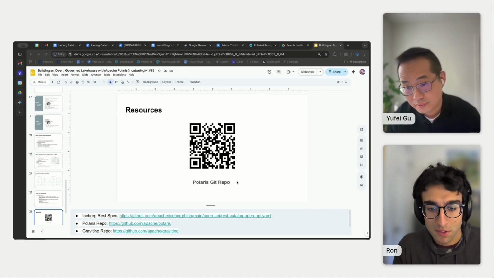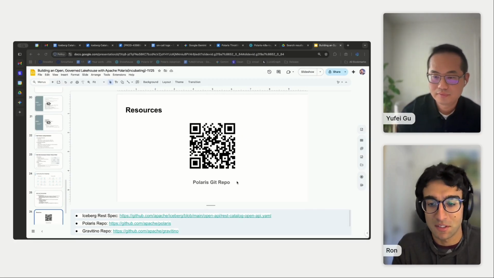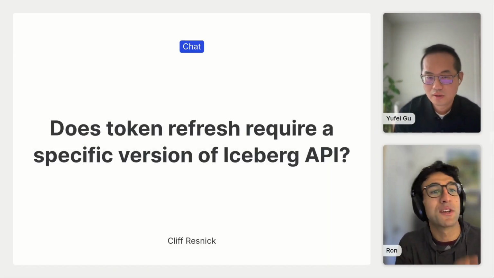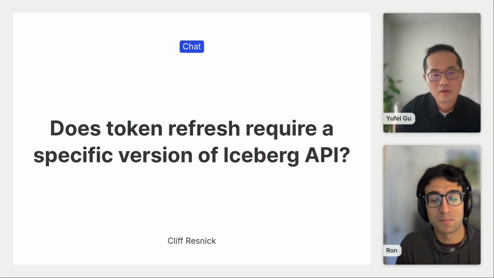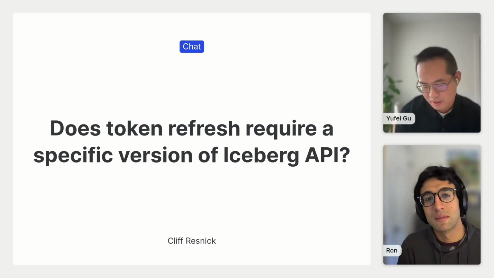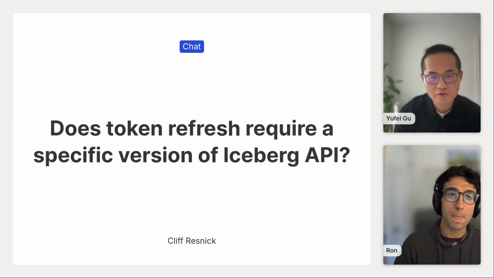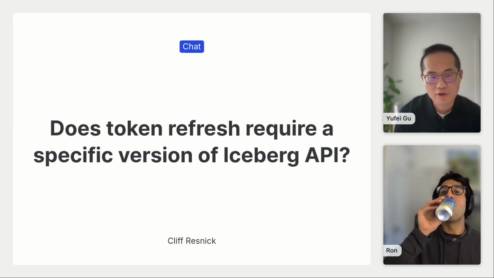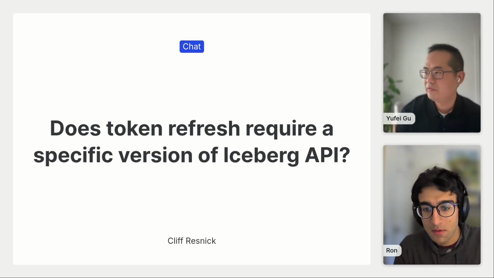And one more question here from Cliff. Does token refresh require a specific version of the Iceberg API? Yes, because those are new endpoints introduced a few months ago, and I believe Iceberg 1.8 is good enough for your Java application.